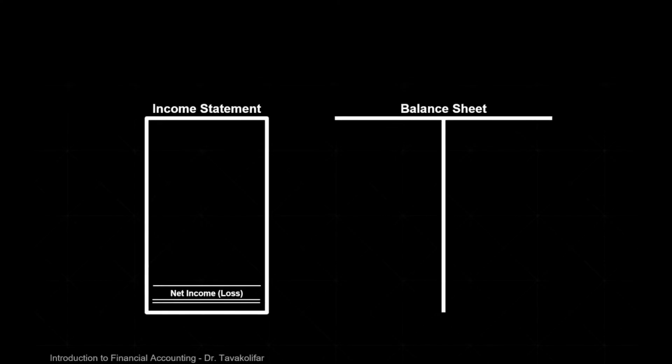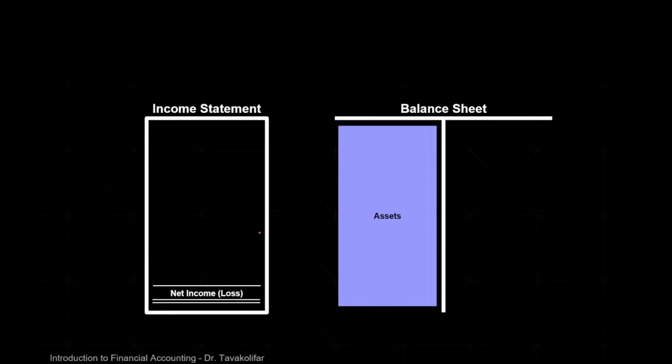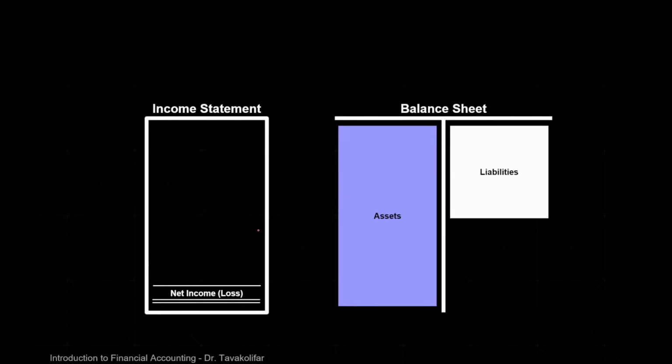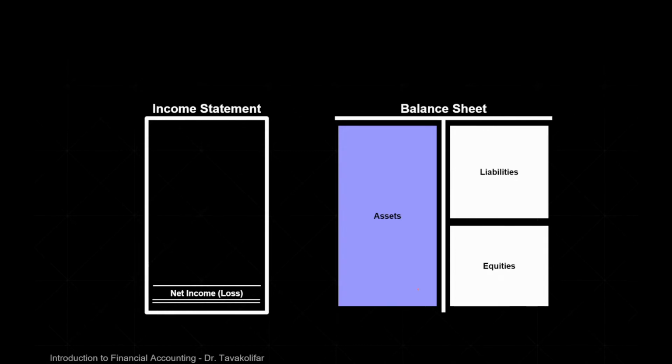So I told you that I will give you a hint to remember normal balances easier. So here it is. We learned that balance sheet includes assets on the left side, liabilities and equities on the right side, and balance sheet is basically our accounting equation: assets equal liabilities plus equities.